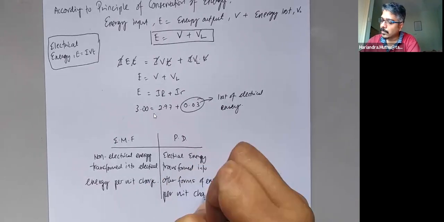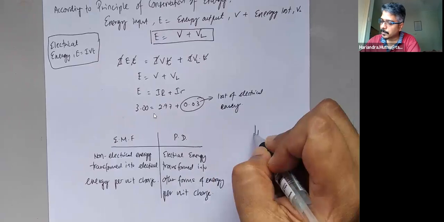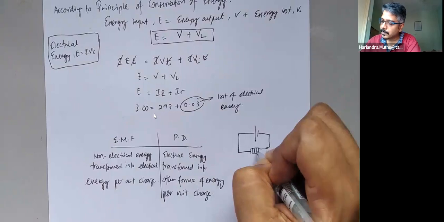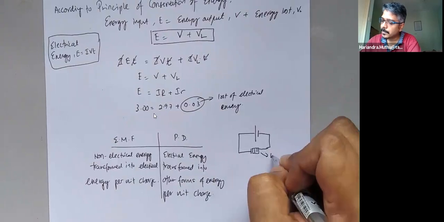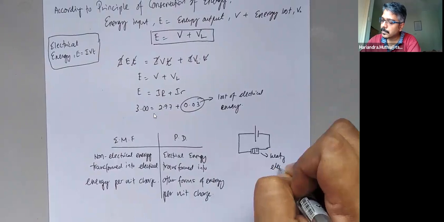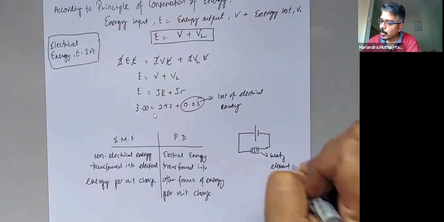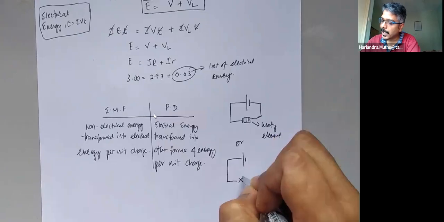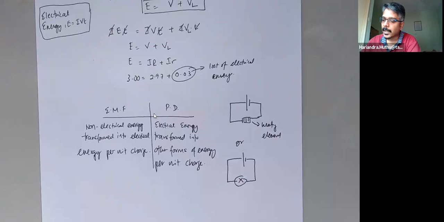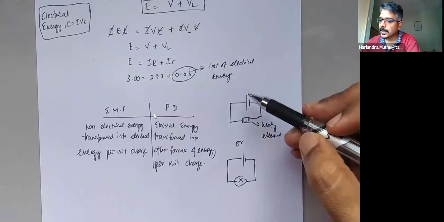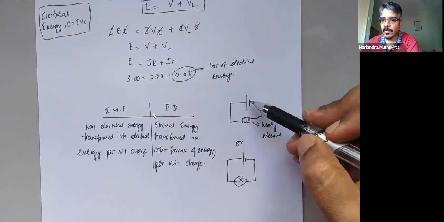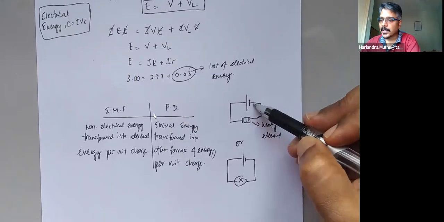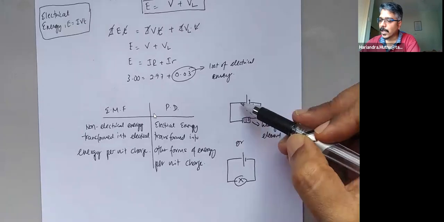If you connect the battery to a heating element, or to a filament light bulb, the EMF of the battery converts chemical energy into electrical energy, which the charge uses to move around.